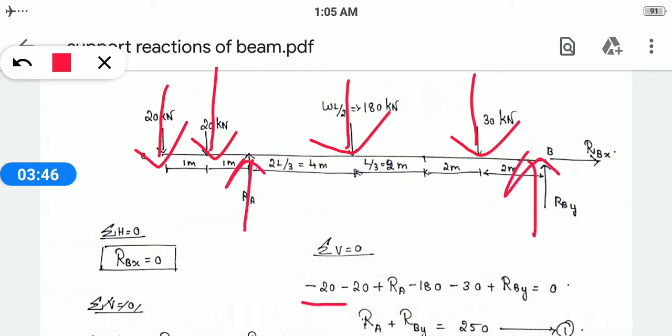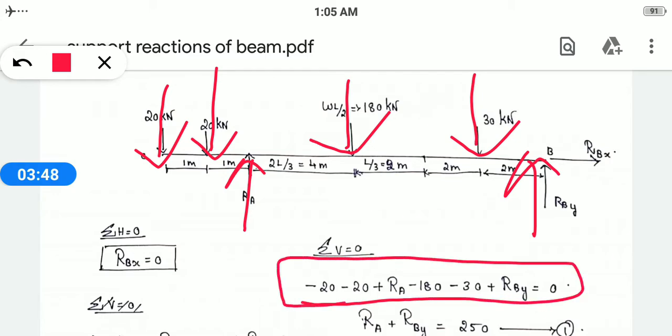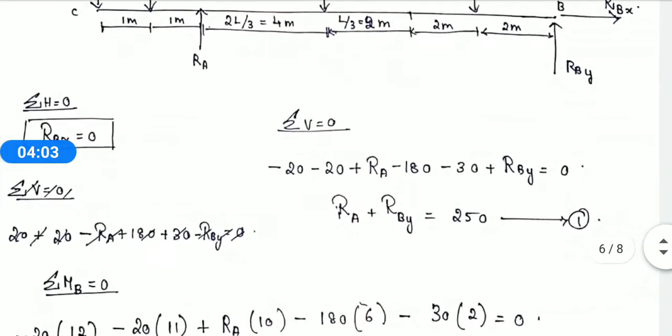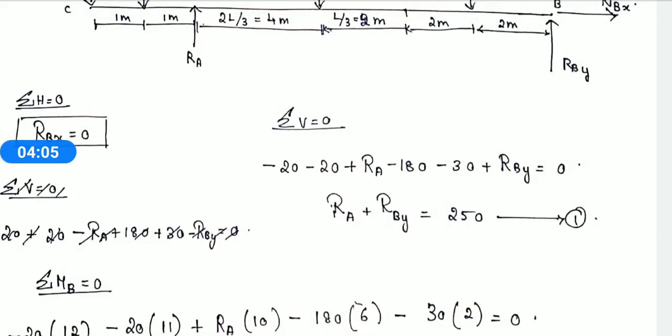That is what we had mentioned over here. When you look at this, you can understand how it came, because for vertical forces, if it moves upward, that is along the north direction, it is mentioned as positive. When it comes down, it is the negative direction. When you do that, you will get an equation of Ra plus Rby is equal to 250.